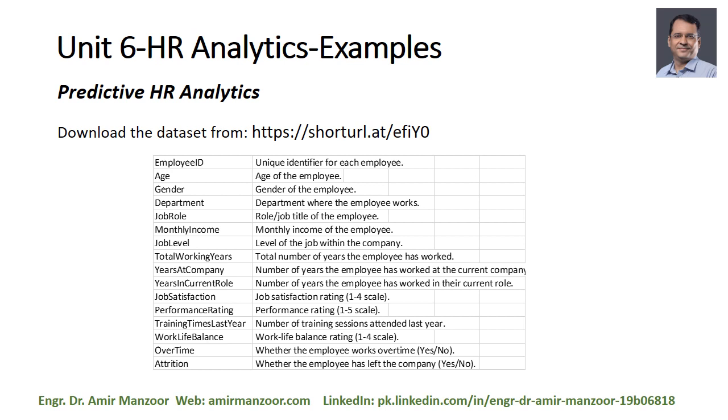So this dataset contains a variety of attributes such as the employee ID, which is a unique identifier for each employee, the age of the employee, the gender, the department, the job role, monthly income, the job level, that is the level of the job within the company, the total working years, years at company, years in current role, job satisfaction, which is basically a rating on the scale of 1 to 4, performance rating on the scale of 1 to 5, training time last year, work-life balance, overtime, and attrition.